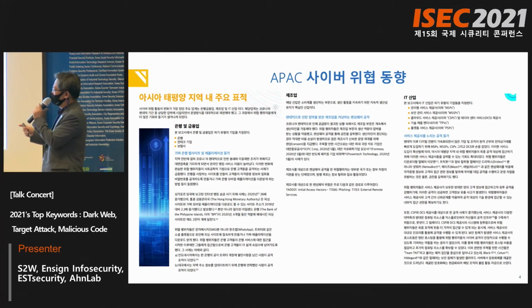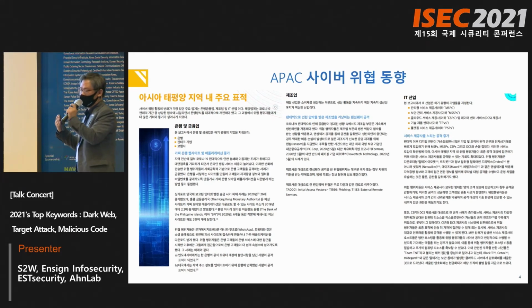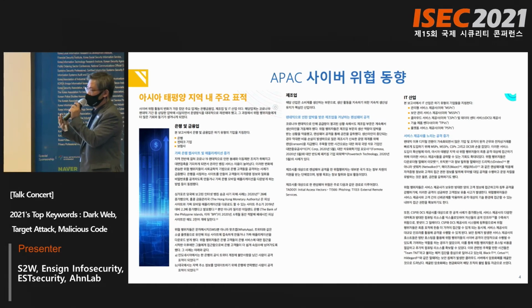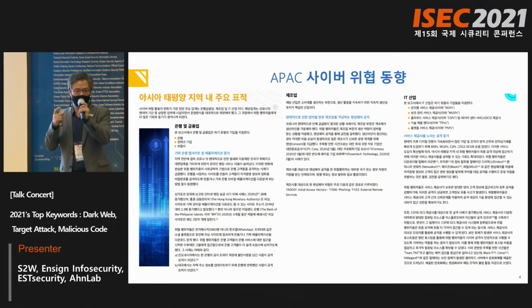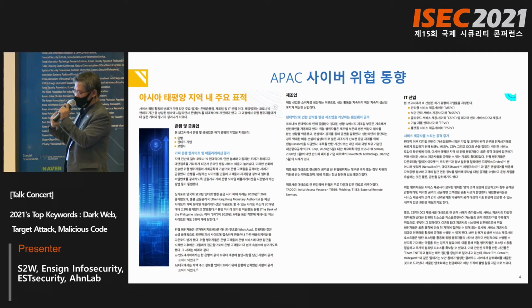For example, in Indonesia, individuals who left complaint messages on the bank's official account were targeted by threat actors. Then an ID and password login page is provided.